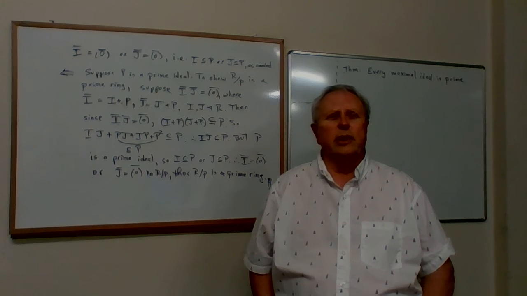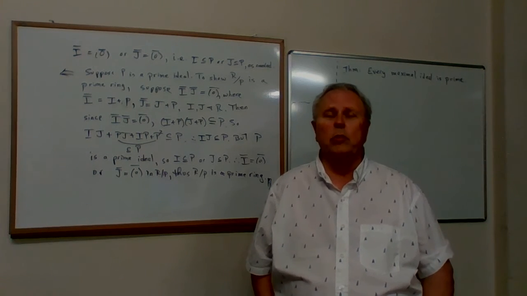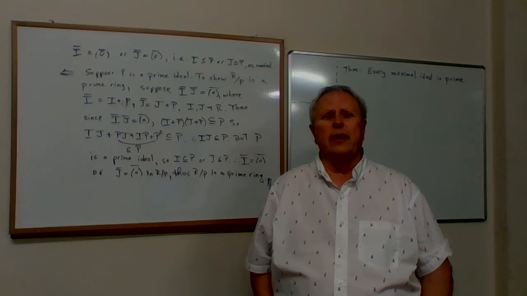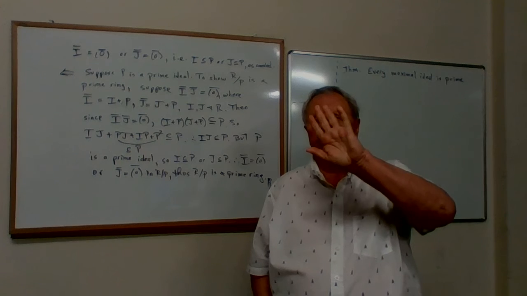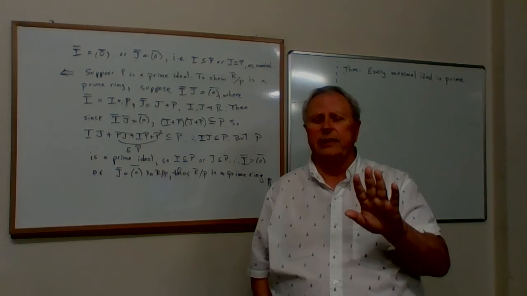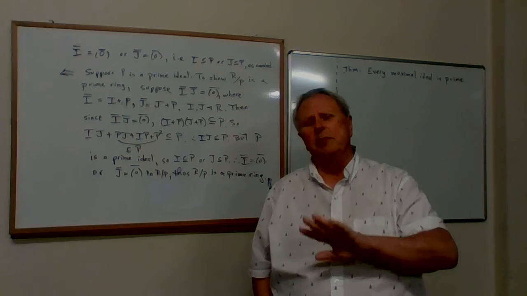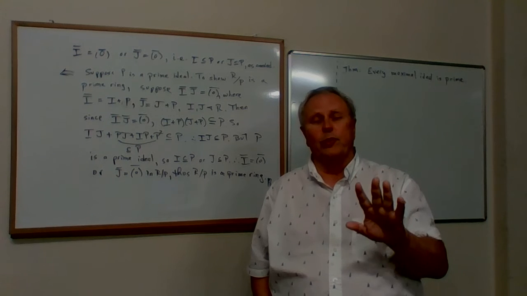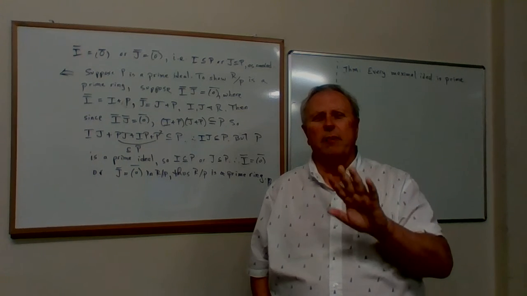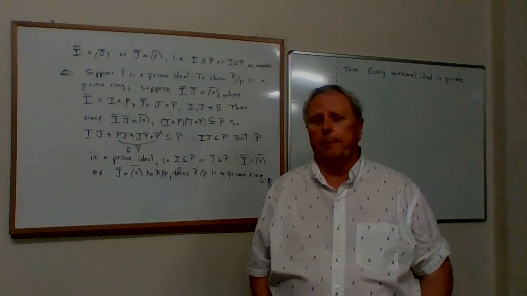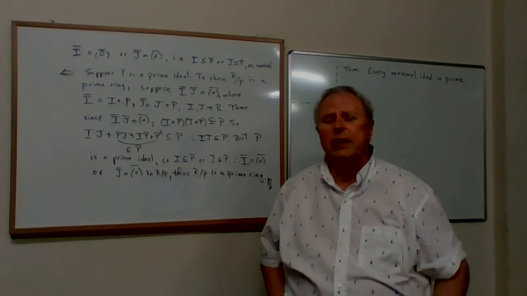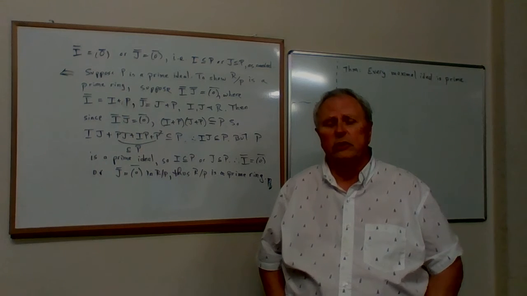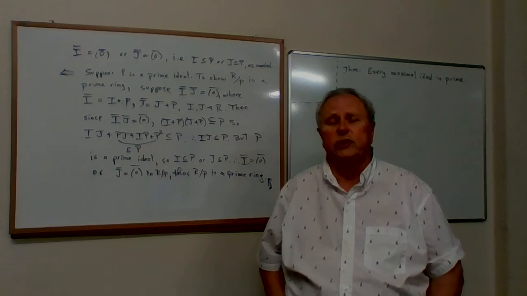And so if I were in a commutative ring with 1, then every maximal ideal, if I take the ring mod that maximal ideal, now I have a simple commutative ring with 1, which means R mod M would be a field. And so certainly R mod M would be a prime ring because fields do not have any zero divisors.